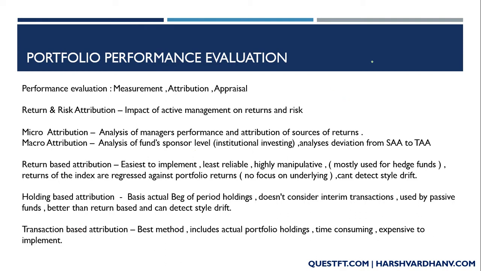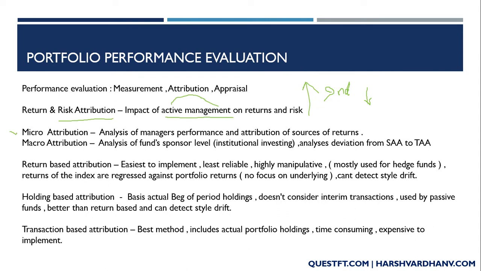See, because if you're doing passive management, you'll buy the index or you'll do passive investments, so your risk is low. But when you're doing active management, the risk goes high. So risk attribution means what is the impact on risk because of your active management of the portfolio.